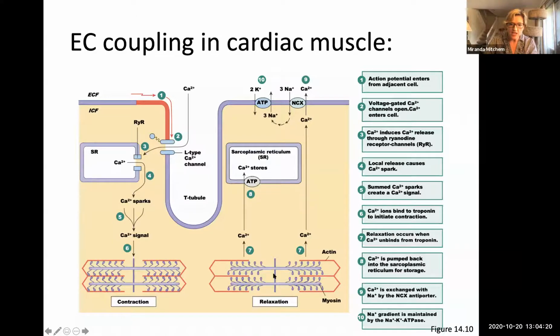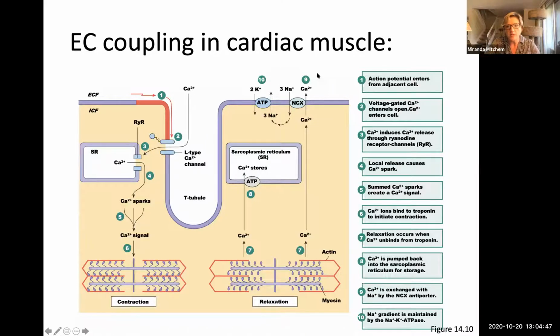The relaxation side of it is over here, starting at step 7. Once the calcium unbinds from the troponin, it moves back up through this calcium pump, returning it to the sarcoplasmic reticulum. Now we've got relaxation.